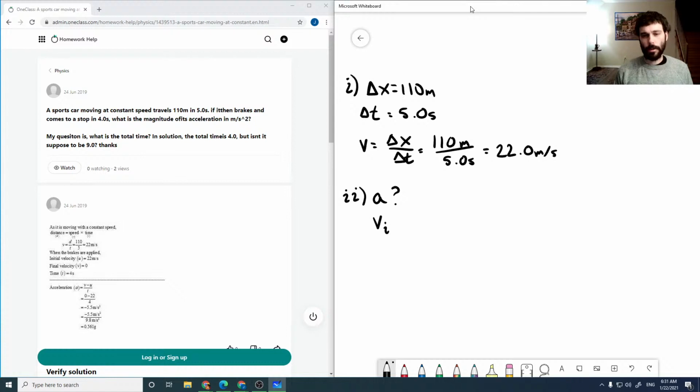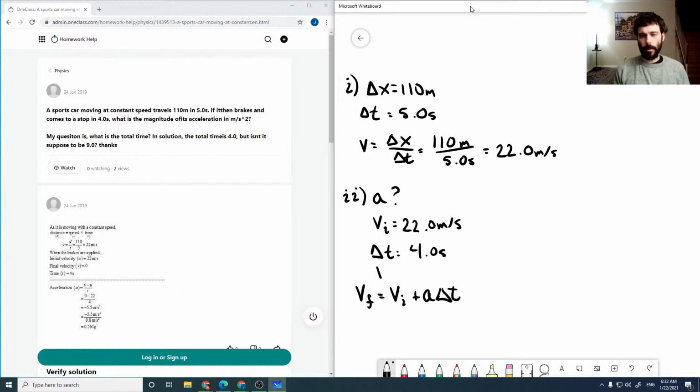We have an initial velocity of 22 meters per second, and we're stopping in a time of 4.0 seconds. Now we can use our other kinematic equations, which is Vf equals Vi plus a delta t, where we want to use that Vf is 0.